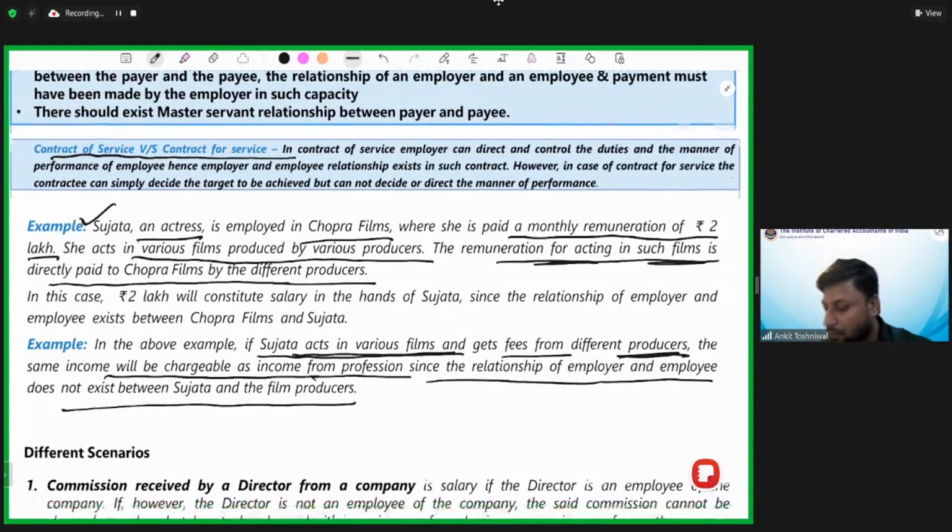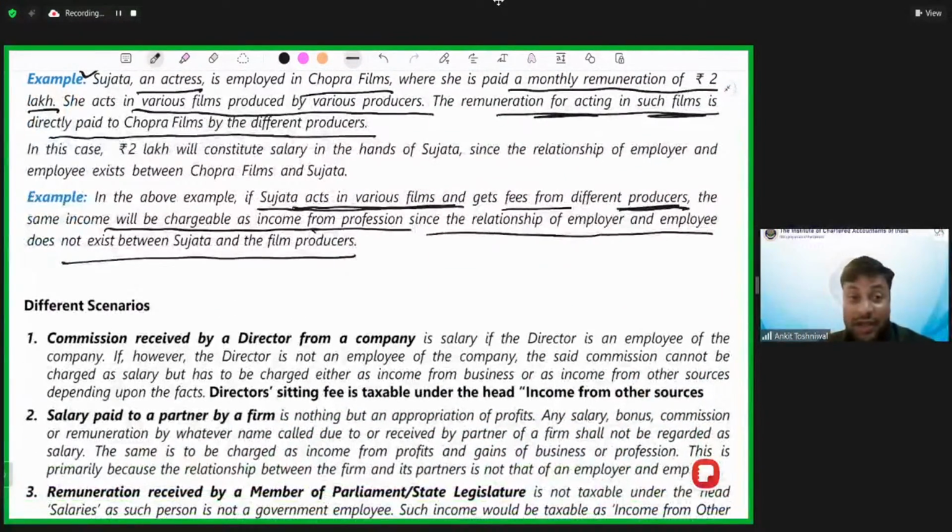See, there are two types of directors. A director can also be an employee. So if the director is an employee, then the salary in the capacity of employee is taxable under the head salary.